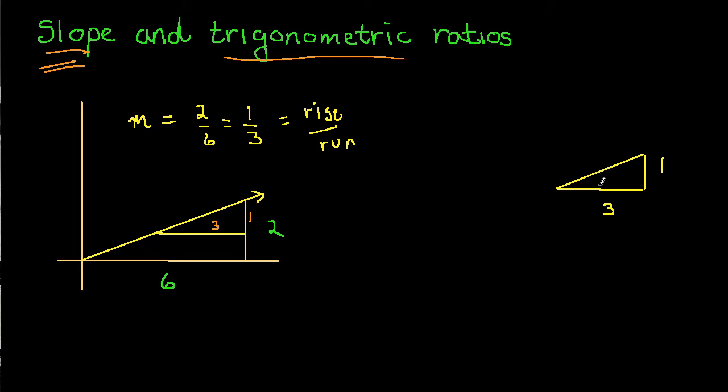Now, we said that if we measure the angle between a line and the horizontal, so it has to be this angle right here, then that also gives us a measure of the steepness.